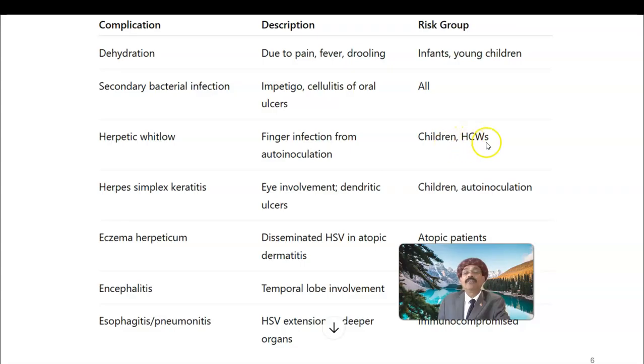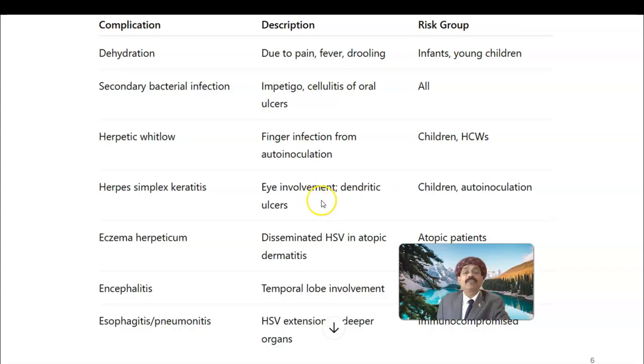Children and healthcare workers, particularly dentists, examine the teeth and tongue, so they are in contact with this and may develop herpetic whitlow, a finger infection from auto-infection or from the patient.